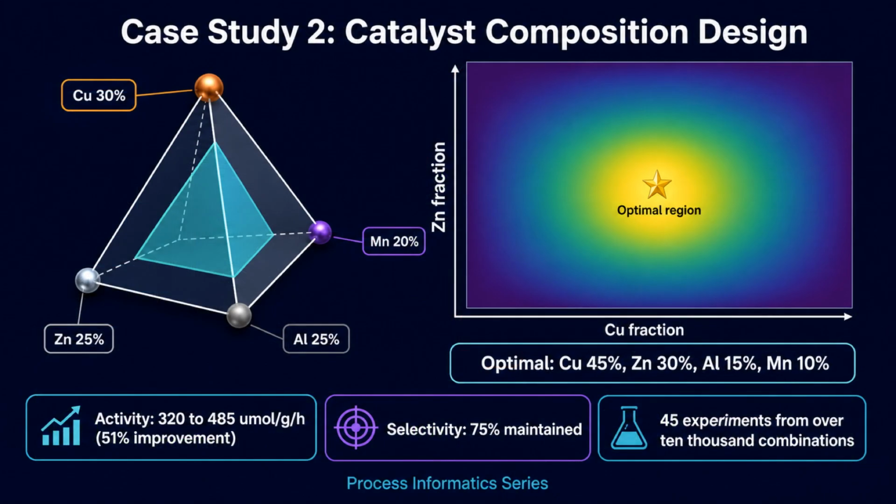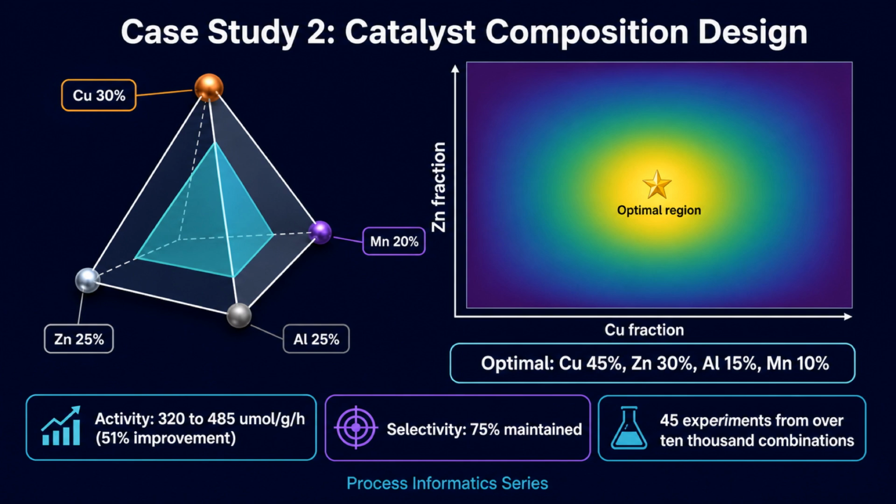Case Study 2 tackles multi-element catalyst optimization for CO2 reduction reactions. We explore the composition space of 4 elements: copper, zinc, aluminum, and manganese, each constrained between 10% and 50%, with the total summing to 100%. This simplex constraint creates a tetrahedral feasible region in parameter space.